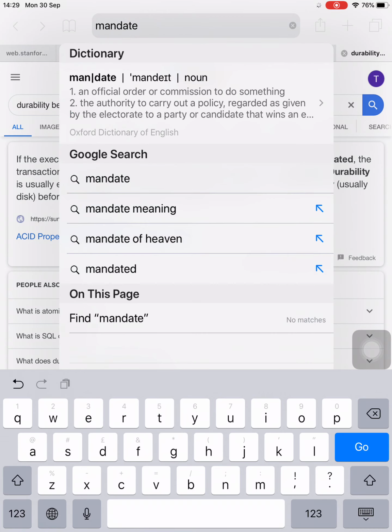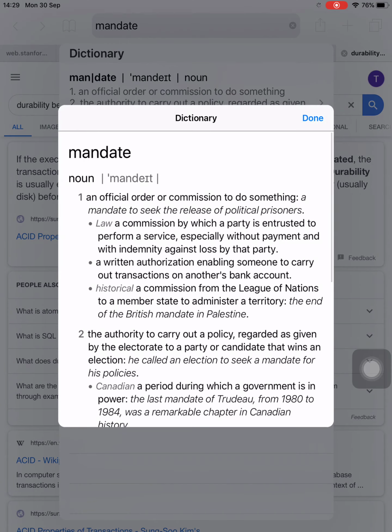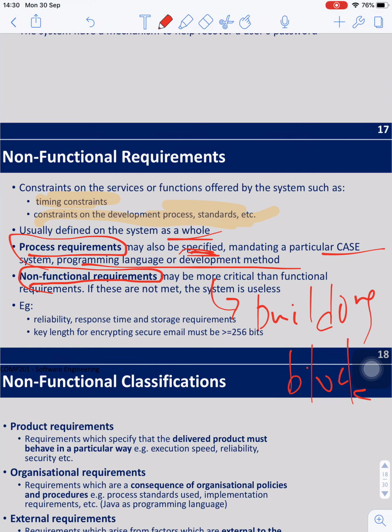Mandate: an official order or commission to do something, an authority to carry out an official order. So it's something much more official.